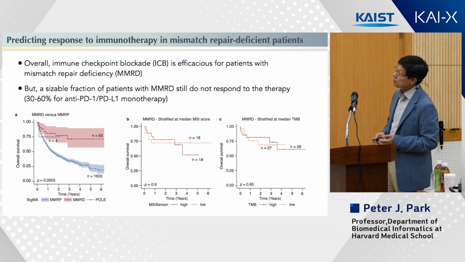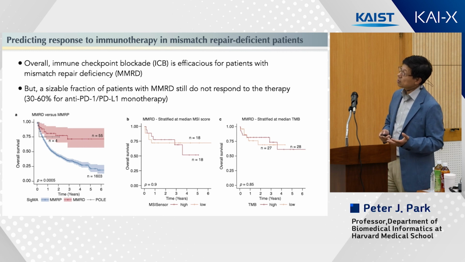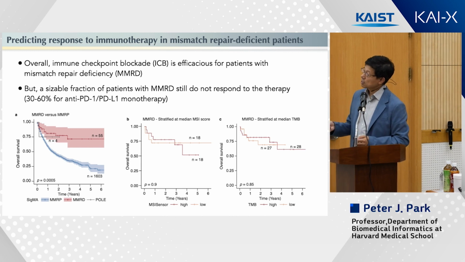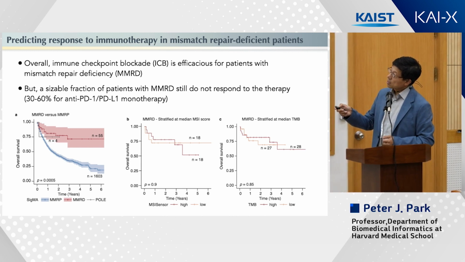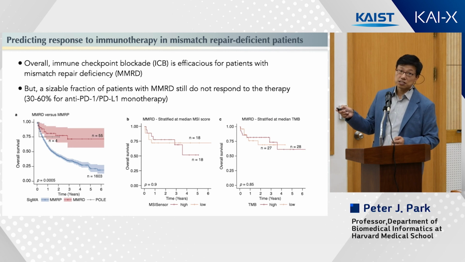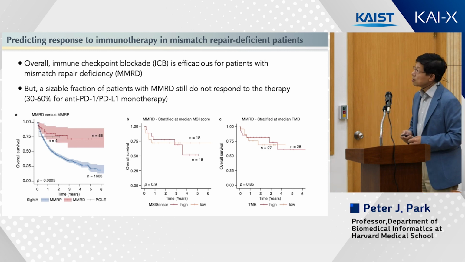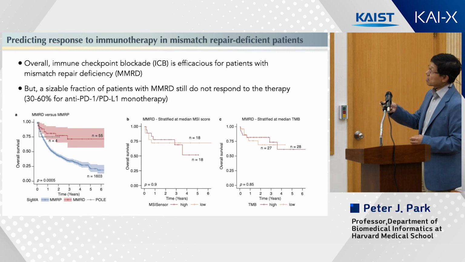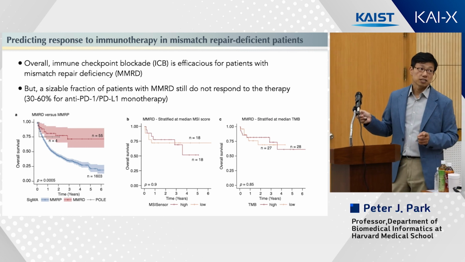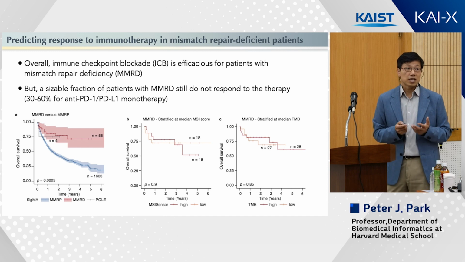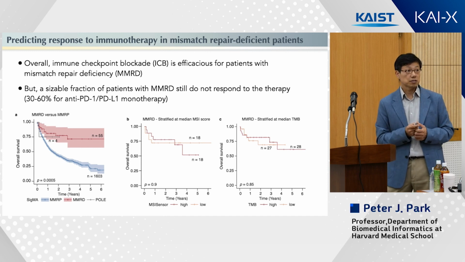In fact, when we take a look at our data collected from lots of different studies, if you compare the mismatch repair deficient versus proficient cases, the survival difference is significant. But if you stratify within mismatch repair deficient cases by all the things you can think of, they're not that helpful in distinguishing the groups.